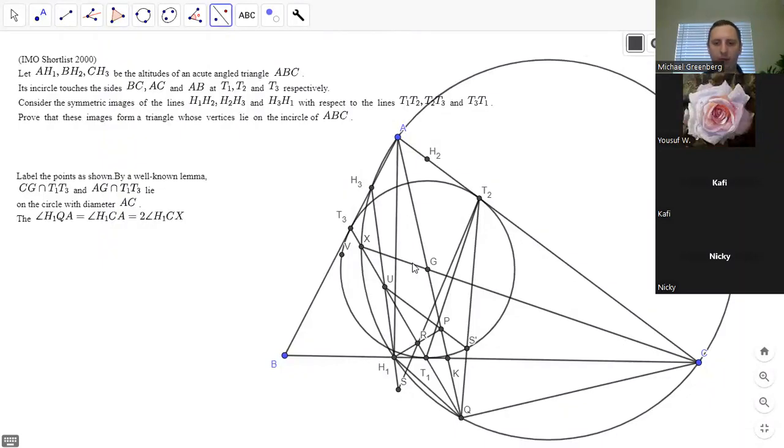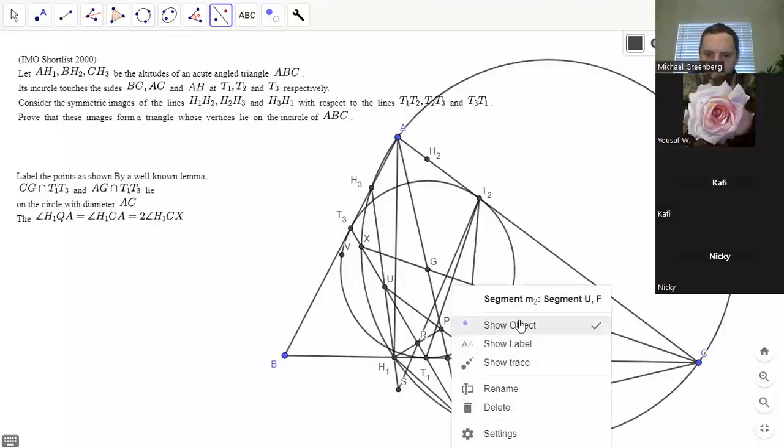I think I've solved this. So basically, we've shown if we let S prime be the reflection of T1 over the angle bisector, then we've shown that Q, S prime, and T2 are collinear.